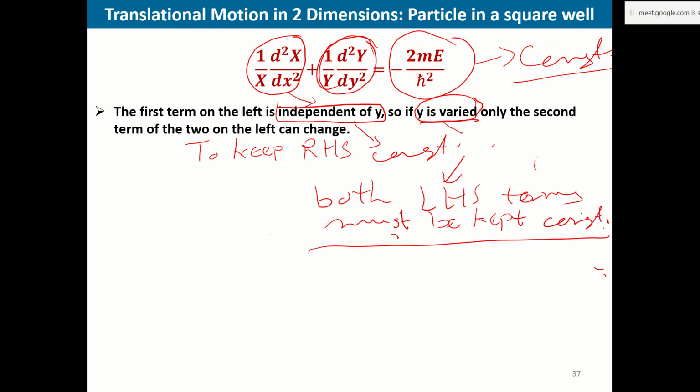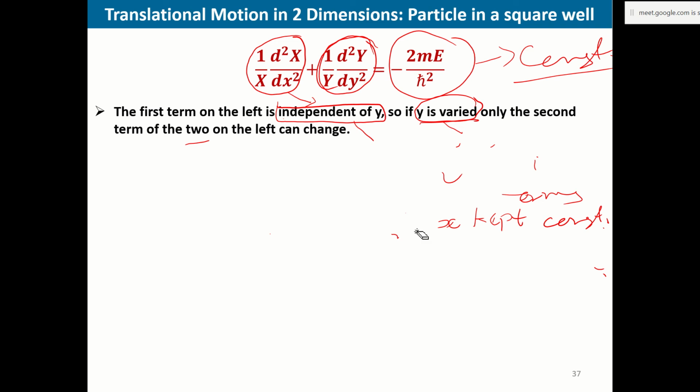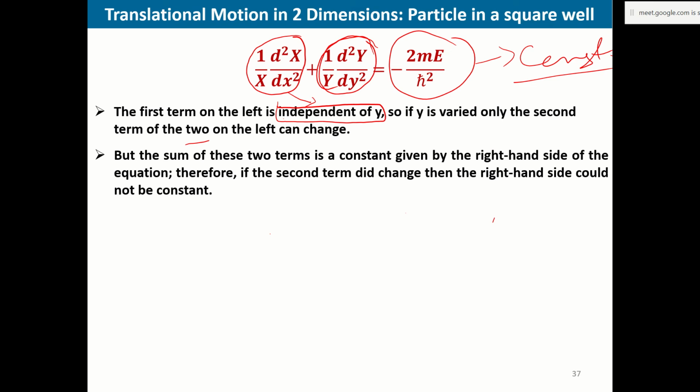Only then will this equation be valid. So keeping this in mind, we can formulate it this way. The sum of the two terms is a constant given by the right hand side.